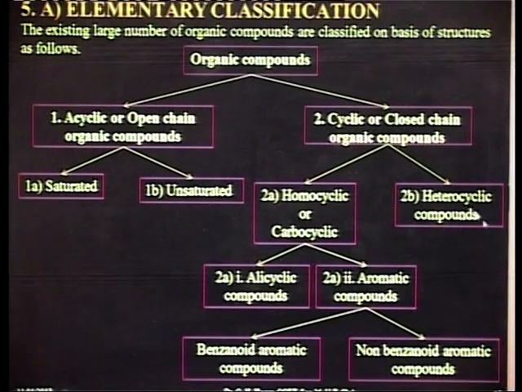So, how can we classify these organic compounds? That is the main central point of discussion in today's lecture. We can classify organic compounds into two categories. One is elementary classification. The existing large number of organic compounds are classified on the basis of structures as follows.